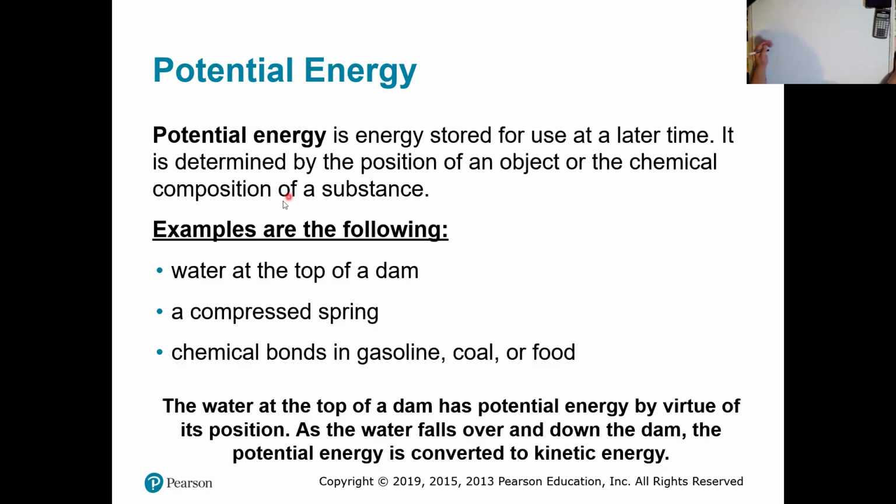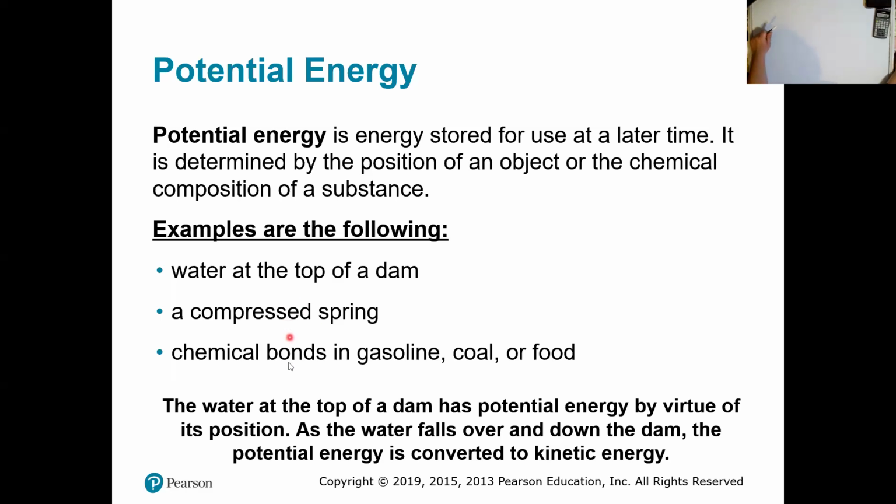Examples of things with potential energy would be the water that sits at the top of the dam but is not flowing over it. It's just sitting there at the top. A spring that's coiled down and compressed, ready to snap, has a lot of potential energy. It's not in motion, but it's storing a lot of energy that it's going to be able to translate into motion.